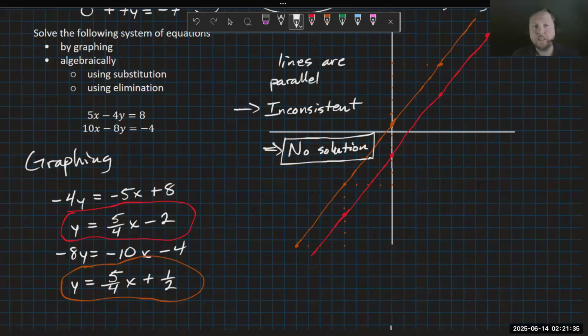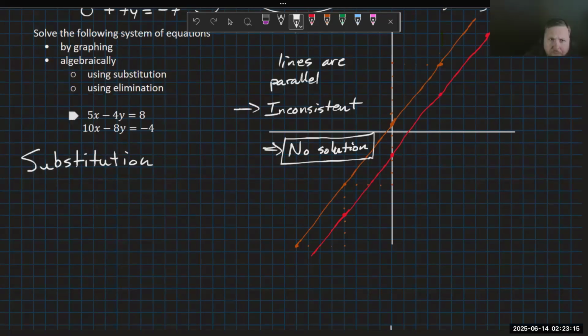Okay, let's look at substitution and see what happens. Or just for fun, maybe go ahead and just solve for x on one of these instead.